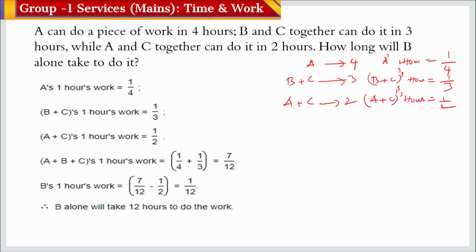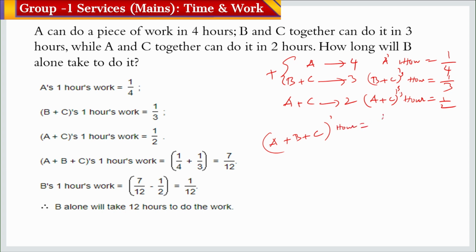Okay. So, B plus C takes 3 hours, A plus C takes 2 hours, correct, and A takes 4 hours. So, when you join these, A plus B plus C can do the work in 1 hour is how much?